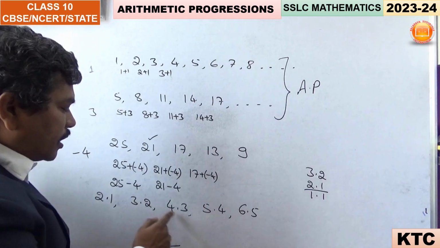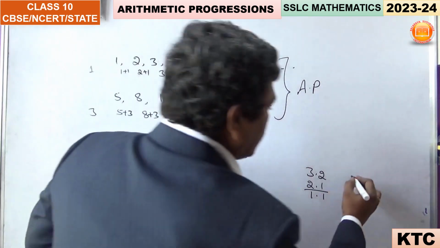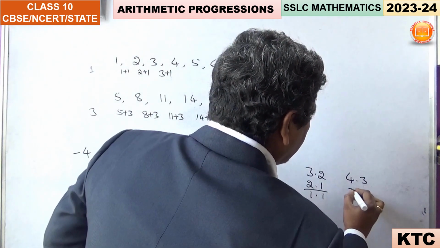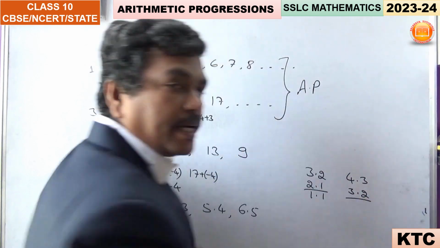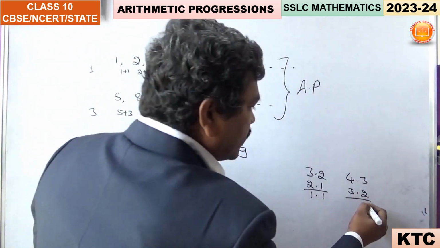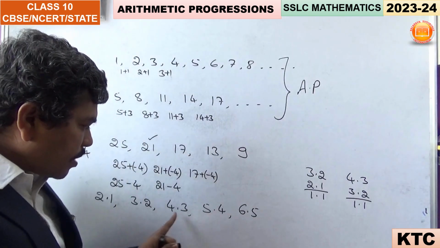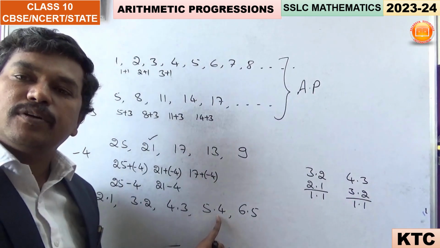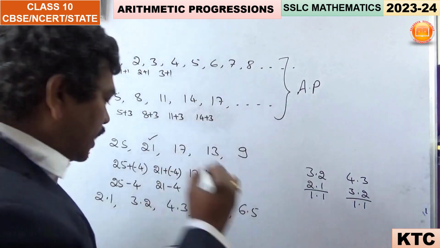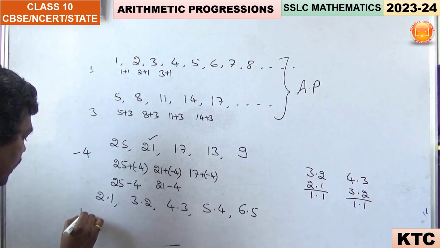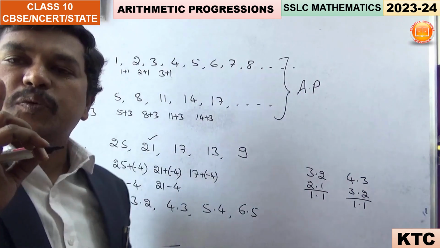That means 4.3 minus 3.2, here also you get 1.1. And if you subtract 4.3 from 5.4, you also get 1.1. That means the fixed number here is 1.1.